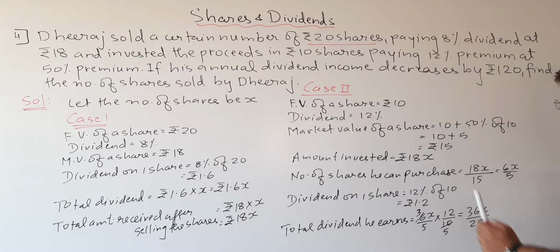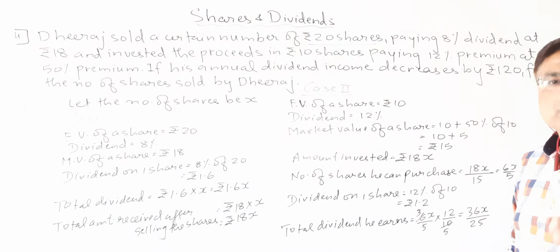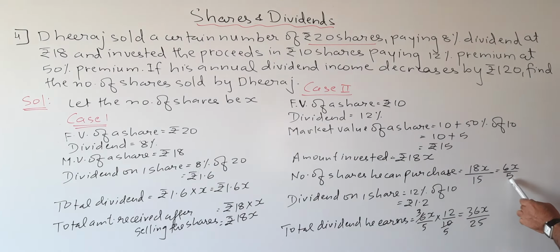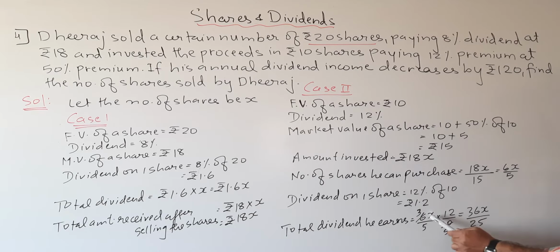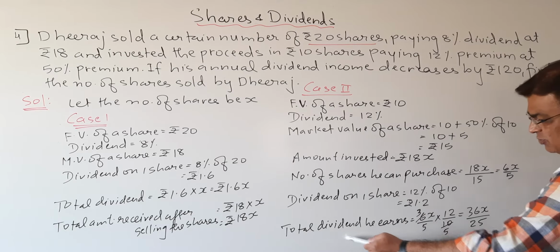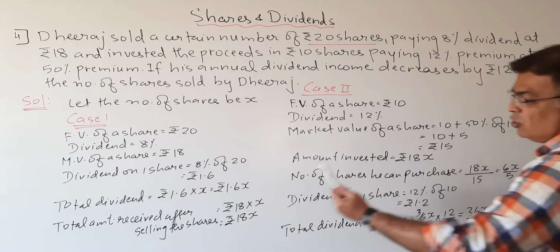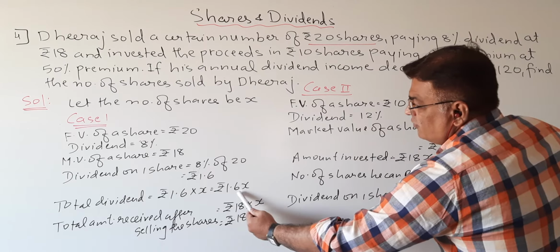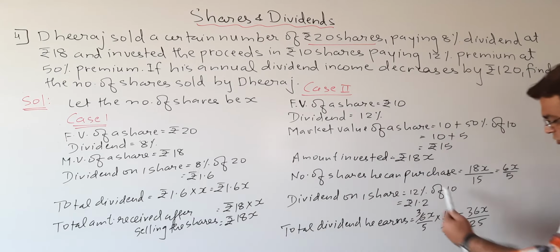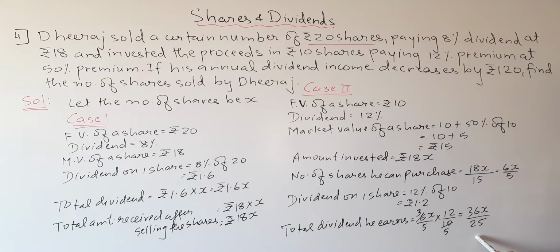So he has got a total of 6x upon 5 shares, so 6x upon 5 into 12 upon 10. So this much he earns as dividend. Now we know that his income decreased. First he earned 1.6x and now it has decreased to 36x upon 25.